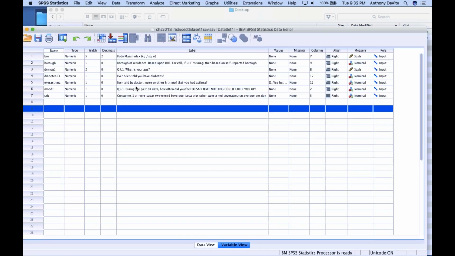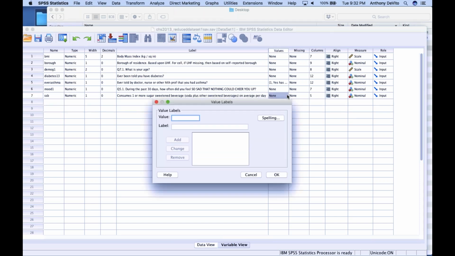Let's go back to our table here, to our data. Okay, and sugary drinks, 1 equals yes, and 2 equals no. Oops, 2 equals no sugary.